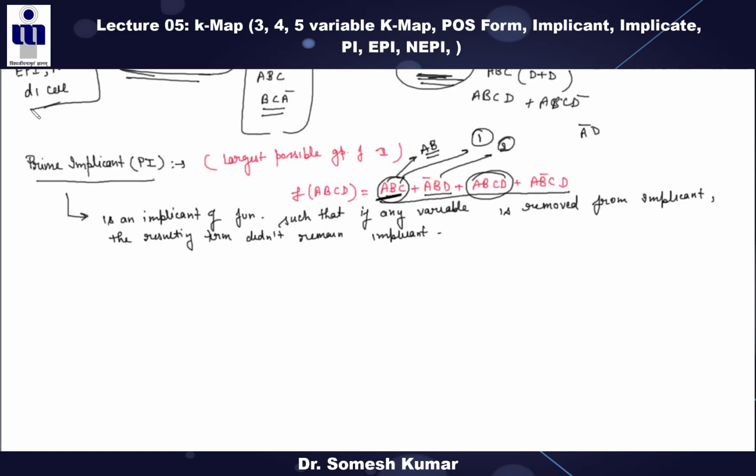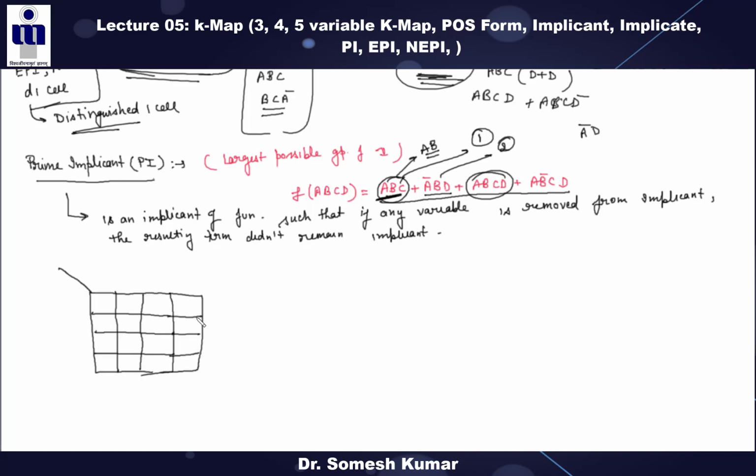The D1 cell, the full form is distinguished one cell, meaning the distinct one cell. Now, with the K-map, I am going to explain what a distinct one cell means. For example, this is your K-map, and this is given.